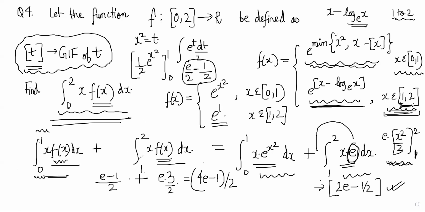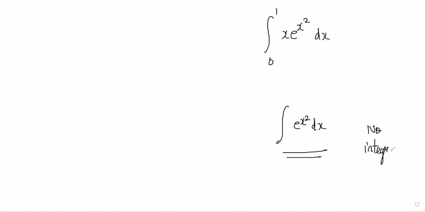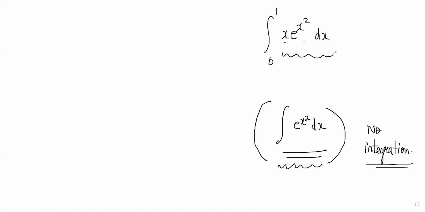And the integral of x times e power x square can be done very easily because we can take x square equal to t here. By the way, if you had just e power x square, there is no integration possible for it, because of the extra x term created like 1 by x. Basically, this is a non-integrable function. It cannot be integrated, okay? But because of this x, it is easily integrable here, right?